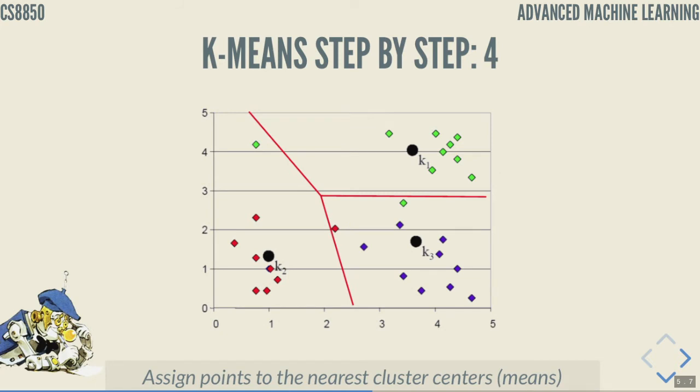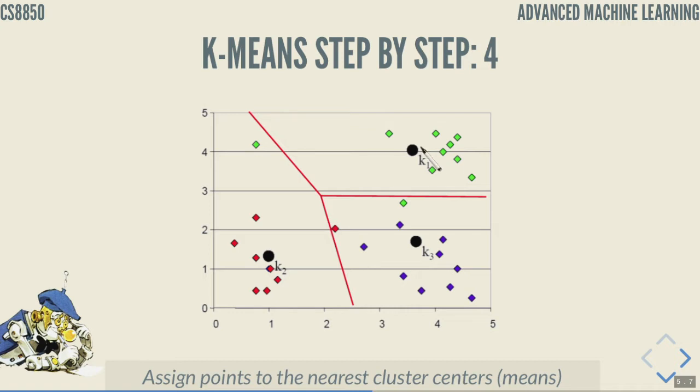Now let's reassign our points again based on the same rule. Whatever is closest to the new mean estimates gets assigned to that particular cluster.